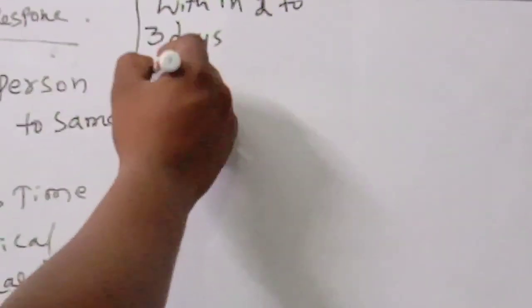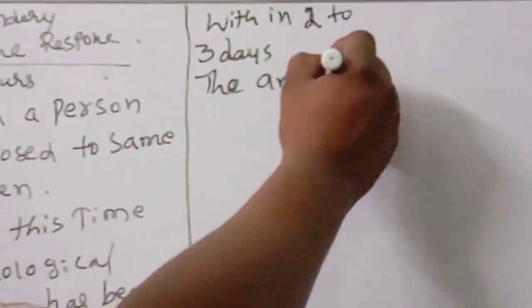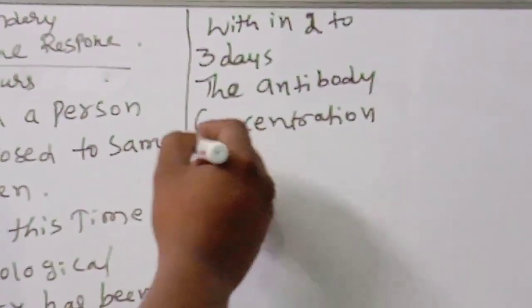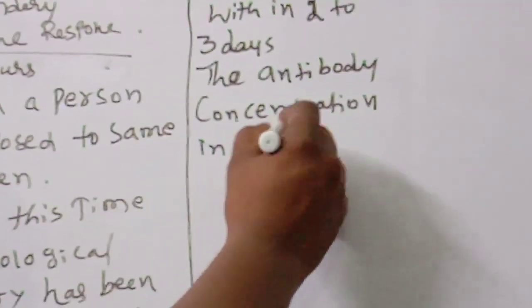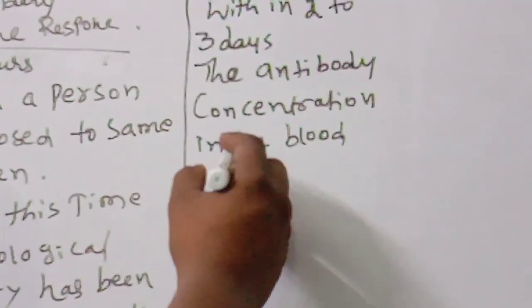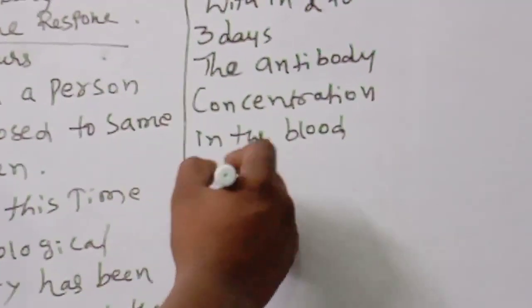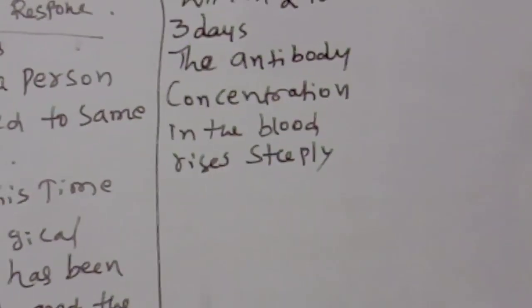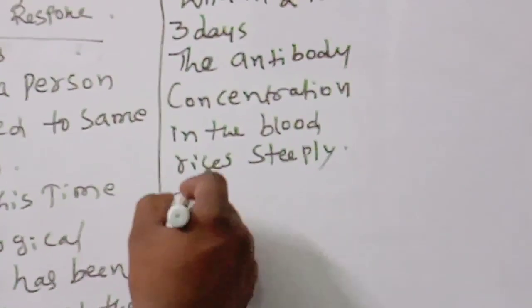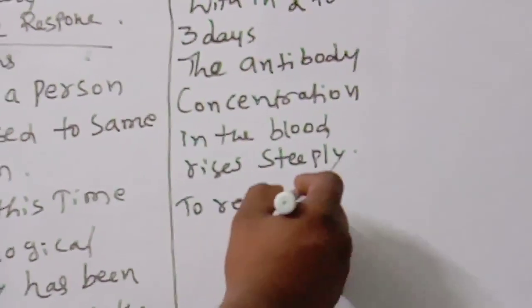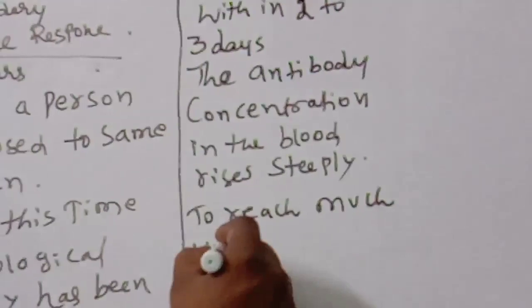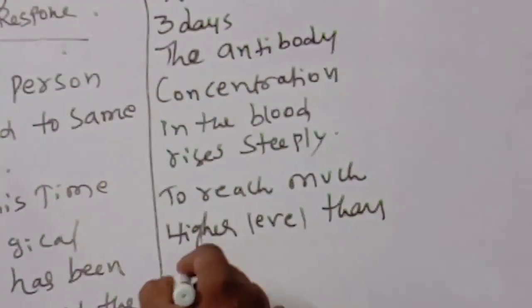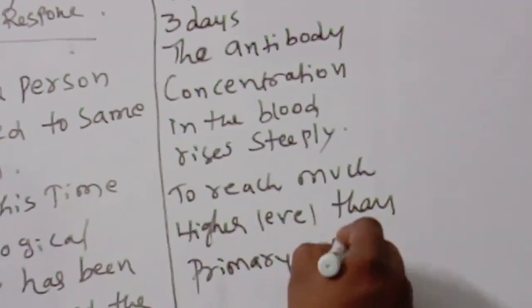The antibody concentration in the blood rises steeply to reach a much higher level than the primary response.